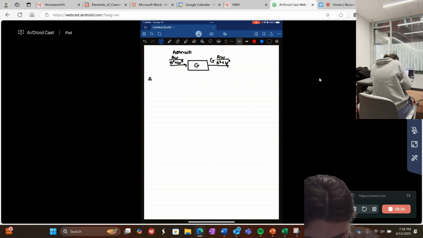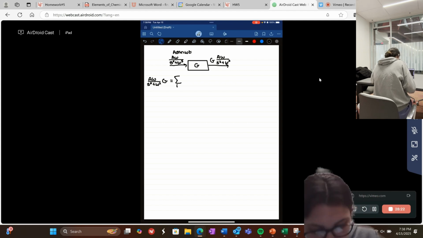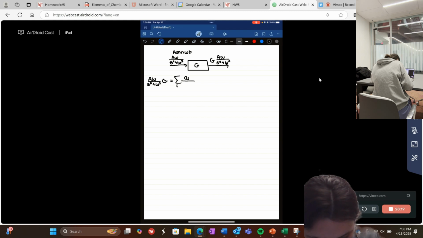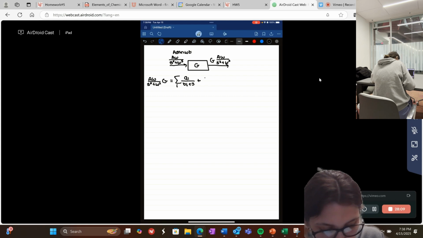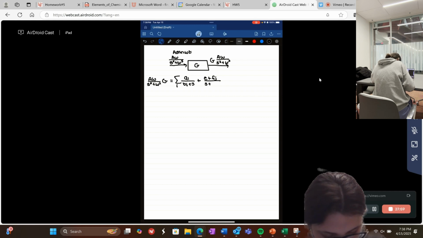So we have Aω over s squared plus ω squared times G. This is equal to the sum of, for G, we just get a_i over b_i plus s, plus what we get from our Laplace of the input, which is (E plus Fj) over (s plus ωj) plus (E minus Fj) over (s minus ωj).